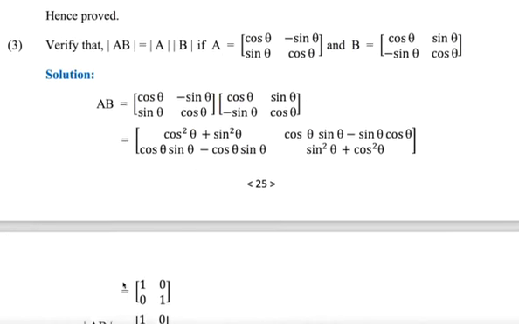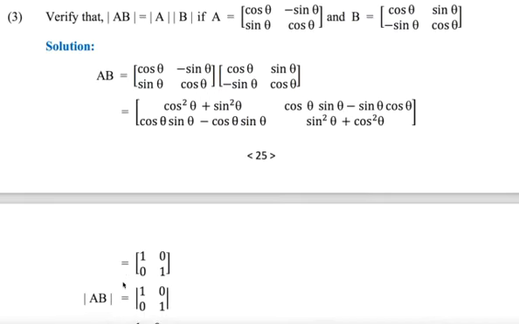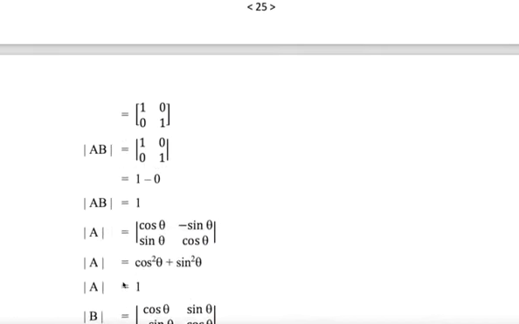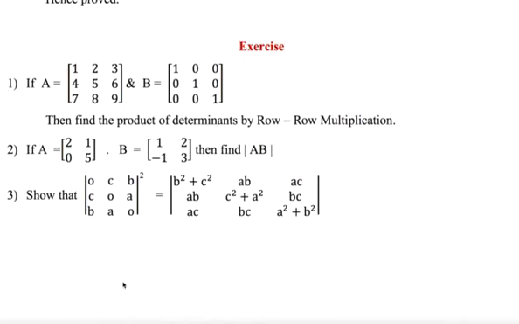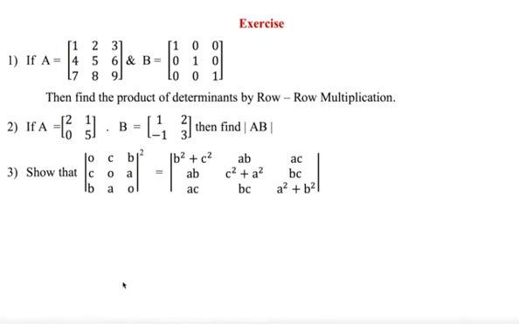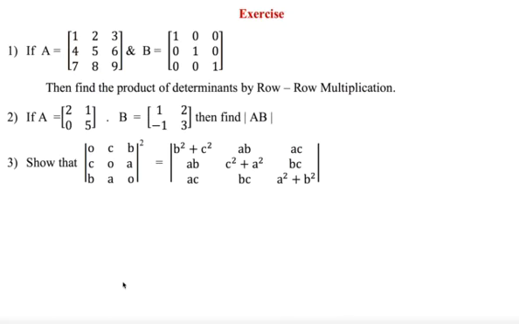Verify that det of AB equals det A into det B, if A is this and B is this. Yes, you can verify that, no problem. Find the product of determinants by row multiplication. That you can do. Find AB, that also you can do.